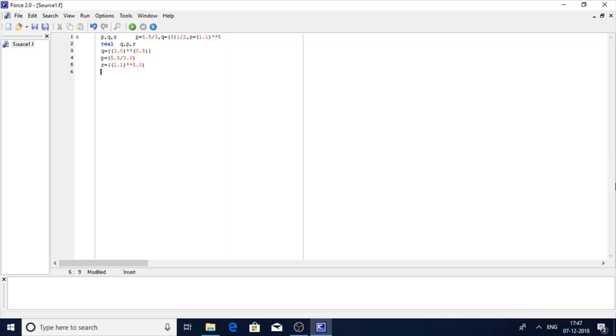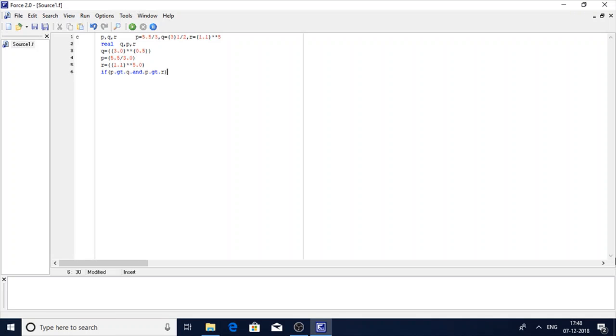Let me first write my first if statement, which is: if P greater than, sorry, P greater than R. All right, then if you write the statement here, and write the output here, then you don't have to put then here.